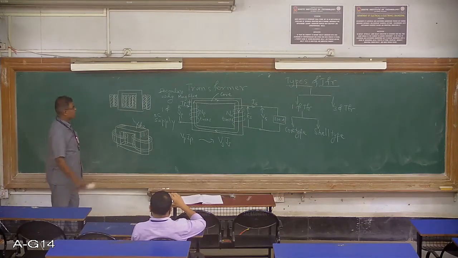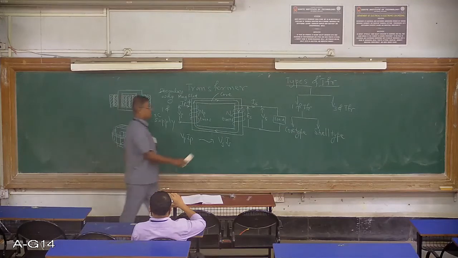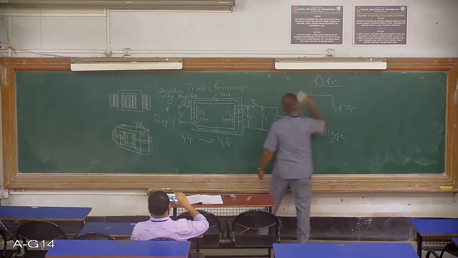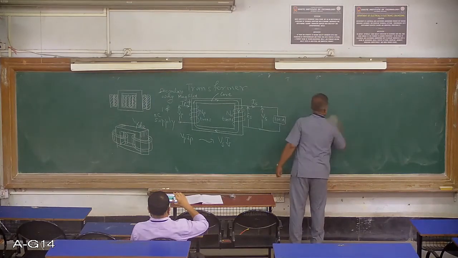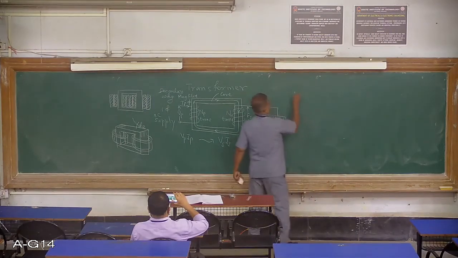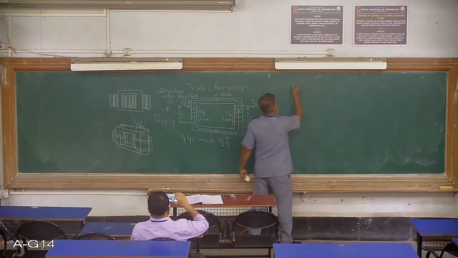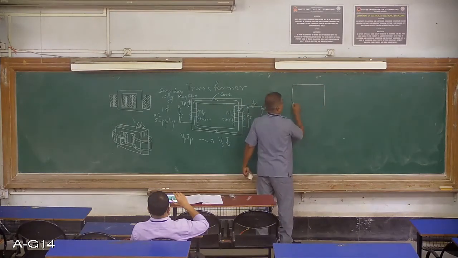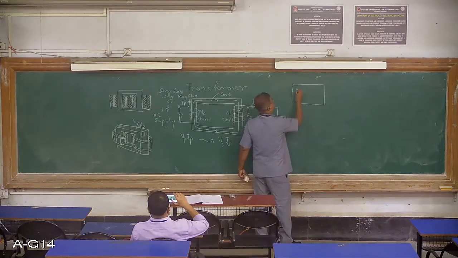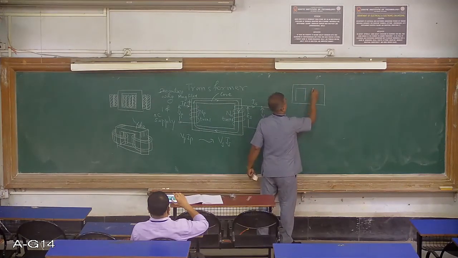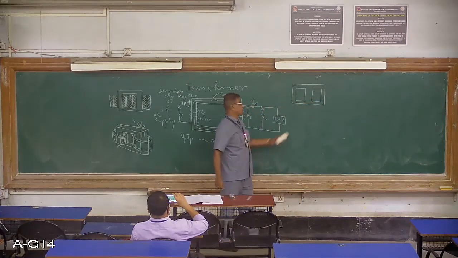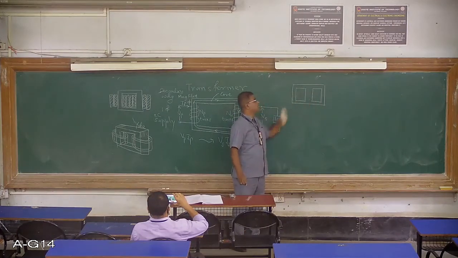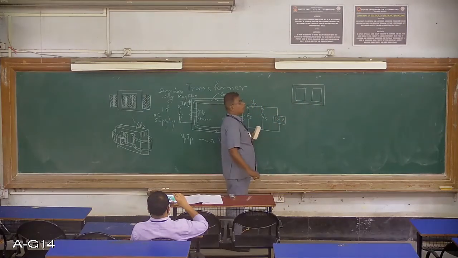Let us go through shell type transformer, wherein you will find typically three vertical limbs. The middle limb has double width with respect to that of the side limbs. These are side limbs. The middle limb is twice in width.